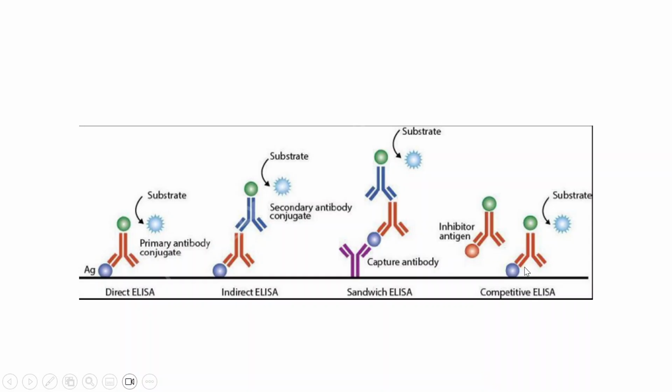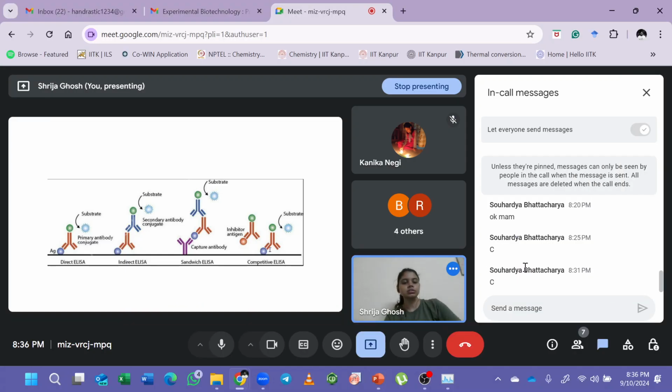We will discuss this in the next question. Any doubt in the three types of ELISA that have been discussed? Direct, indirect, and sandwich. Do you understand how ELISA is being done? Okay, I hope this is clear.